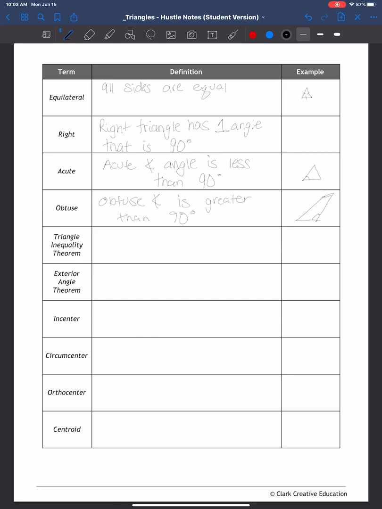The triangle inequality theorem says the sum of the lengths of any two sides of a triangle must be greater than the length of the third side. So basically, I'm just going to draw this out.